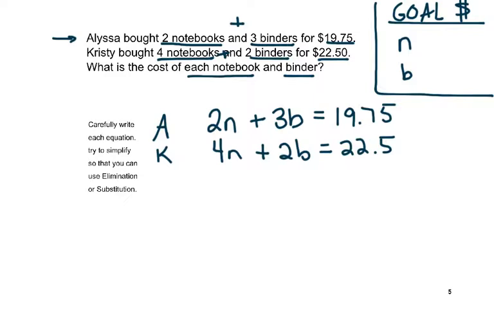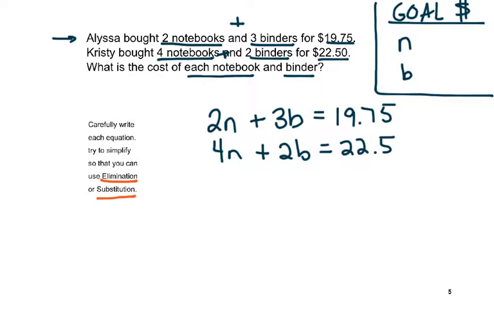Okay, so now that we've written these equations, we really don't need to know whose is whose for now, unless we want to label them. We need to now figure out if we are going to use elimination or substitution to solve for the variables n and b.